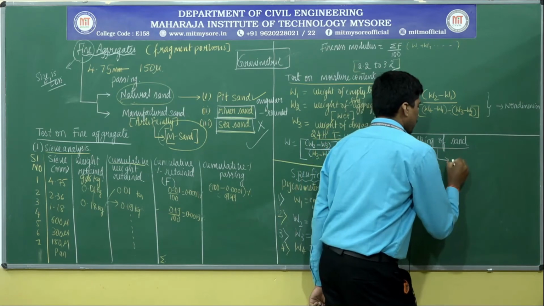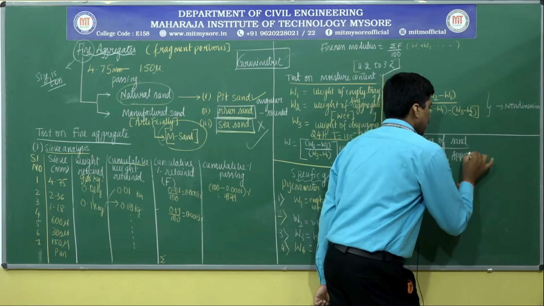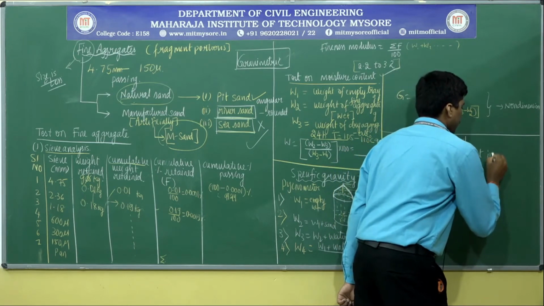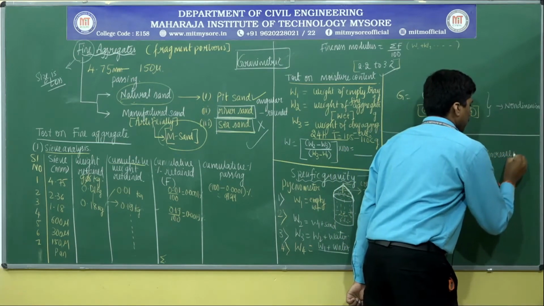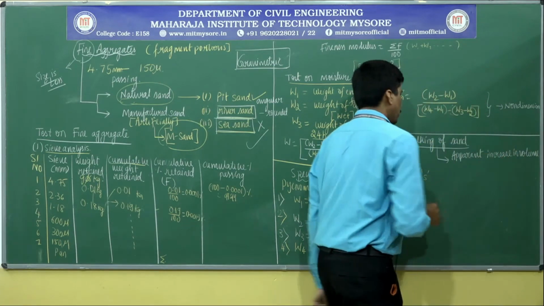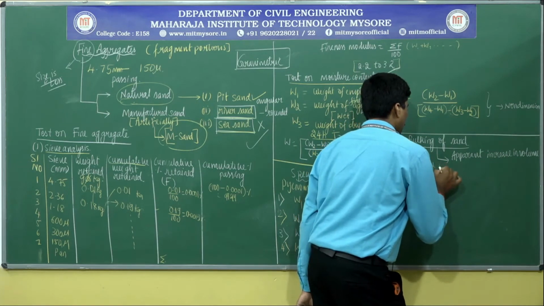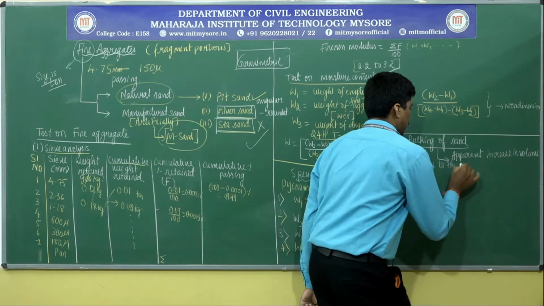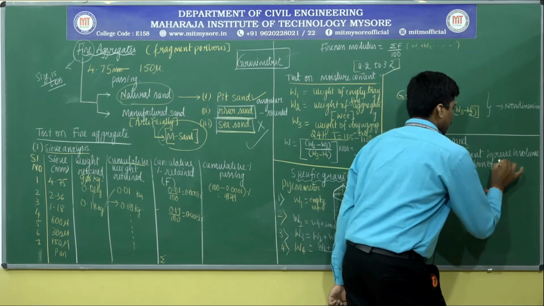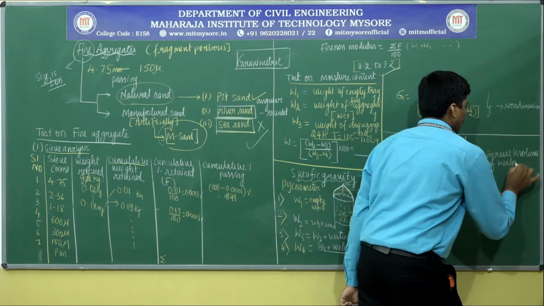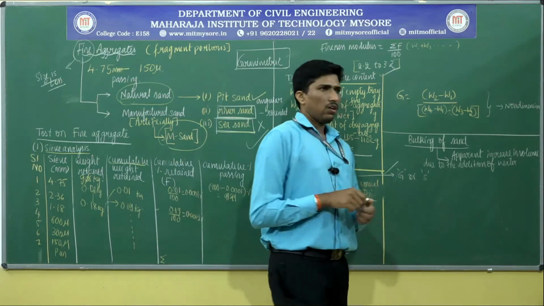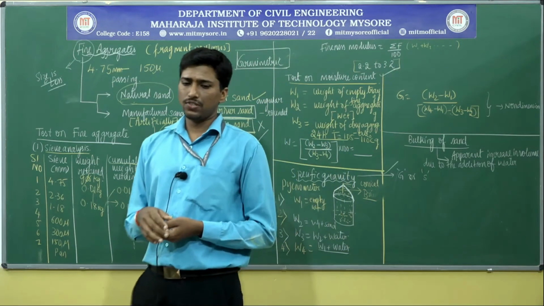Bulking of sand refers to the apparent increase in the volume due to the addition of water, where volume tends to increase.